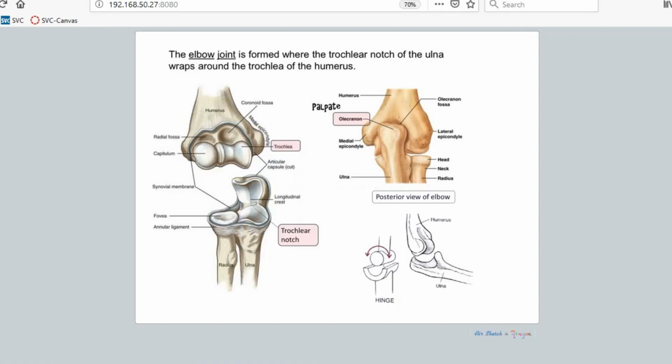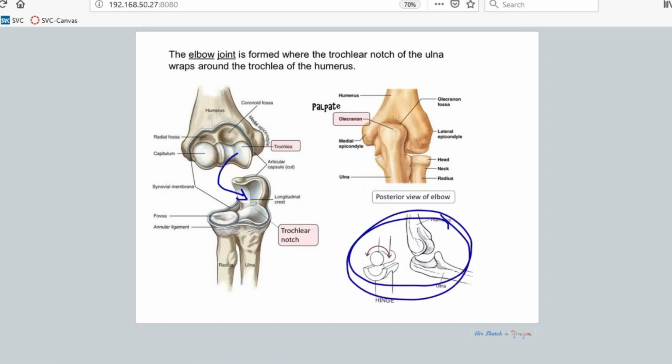So the bone markings that are going to form the elbow joint on the humerus, we have the trochlea. And where's that going to fit in the ulna down here? It's going to fit in this notch right there called the trochlear notch. So that fits right in there, and it forms what we call a hinge joint.